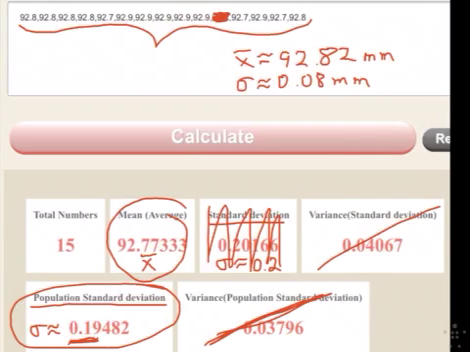So notice when you remove the outlier, you get a better sense of where the middle actually is, 92.82, as opposed to this, pretty close. But notice now with your standard deviation, which is a measure of the spread of the data, it has changed significantly because you have taken out a number that's really far away, specifically more than 3 standard deviations from the middle, classified using X bar.